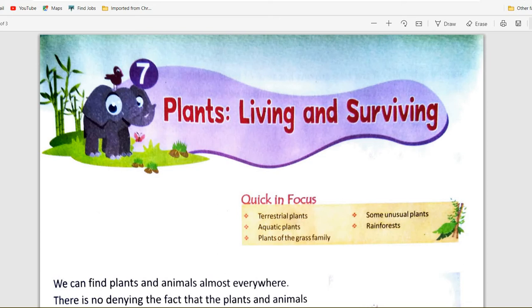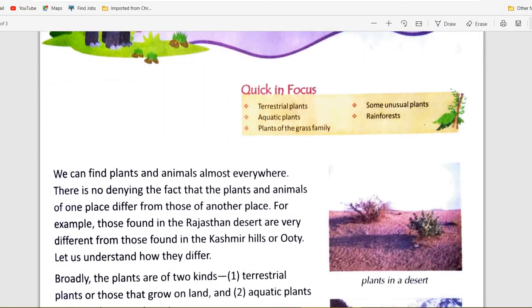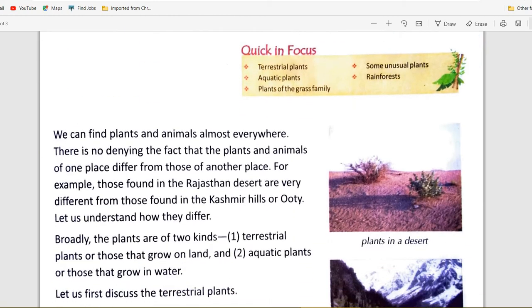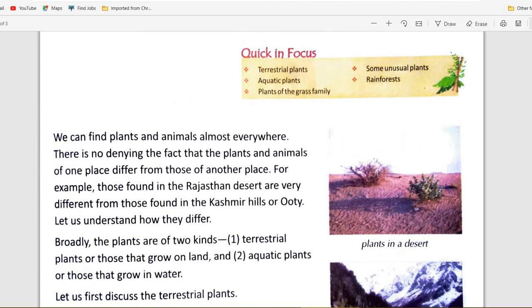Yes, beta, today we will start a new lesson, plants living and surviving. In this lesson we will learn about different types of plants and where they live. As we know, different plants and animals live in different places, or we can say they survive in different areas.